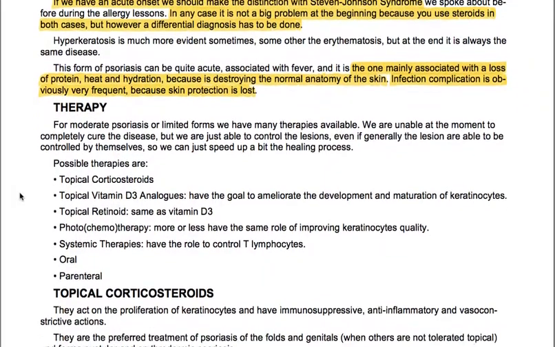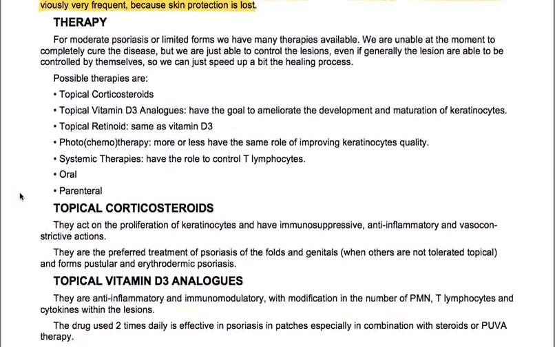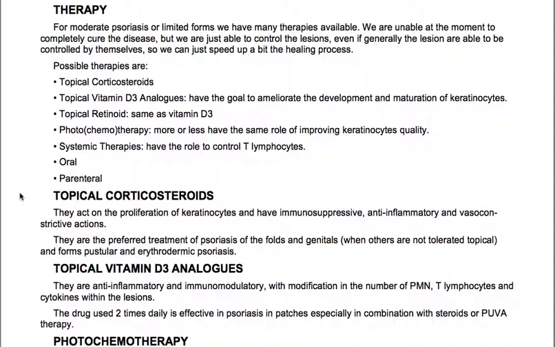Therapy. For moderate psoriasis or limited forms, we have many therapies available. We are unable at the moment to completely cure the disease, but we are just able to control the lesions, even if generally the lesions are able to be controlled by themselves. So we can just speed up a little bit the healing process.